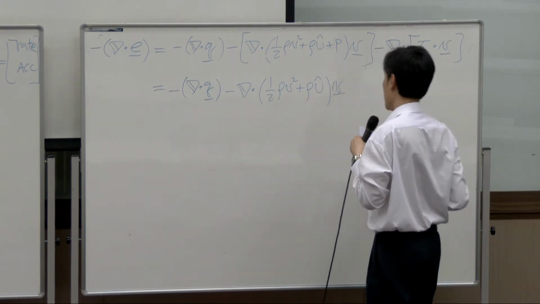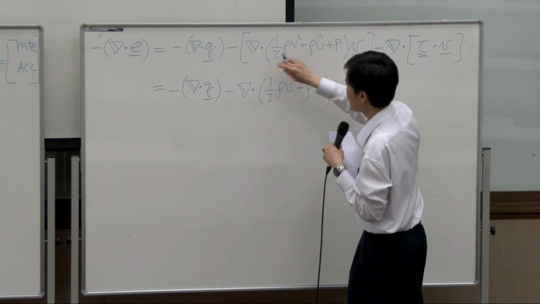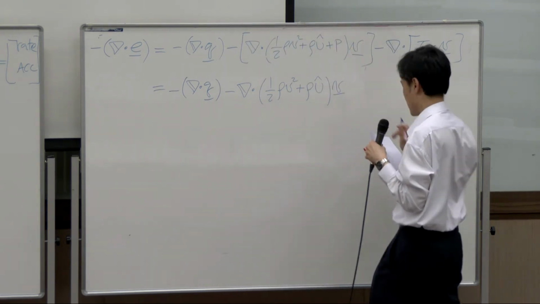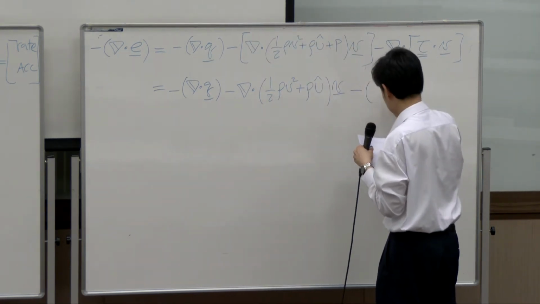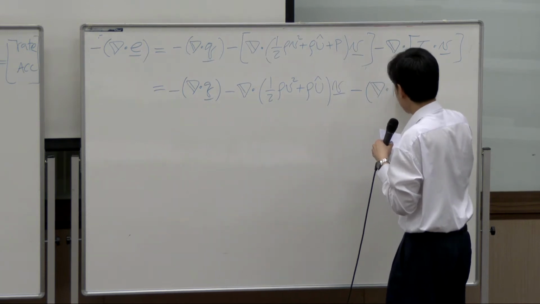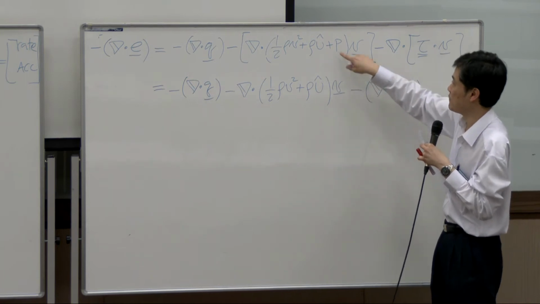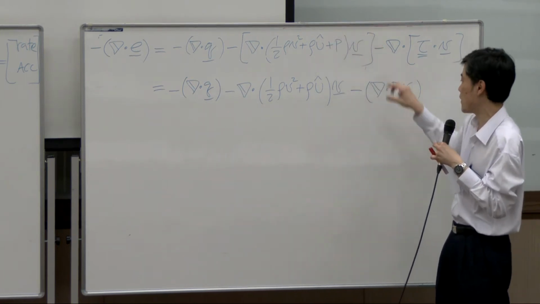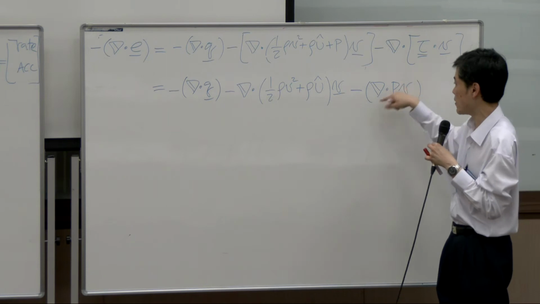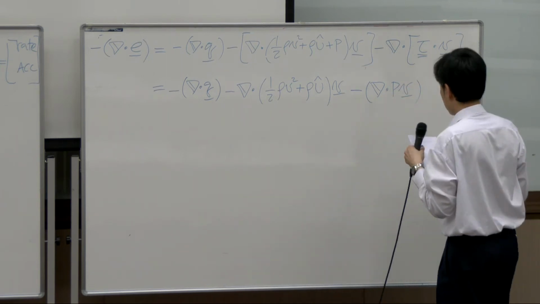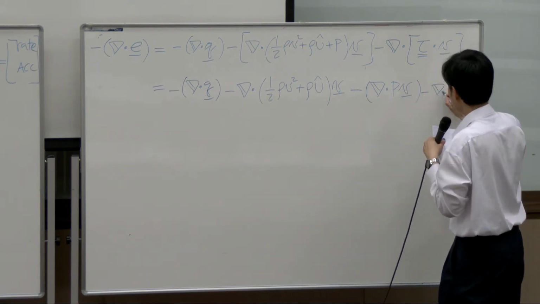I keep velocity here. And then the second term, I take this to pressure. So I get minus del dot pressure V. Keep in mind pressure is scalar. Okay? You can take this pressure to this velocity, another vector, and then dot it by del later. And then the rest would be the same.